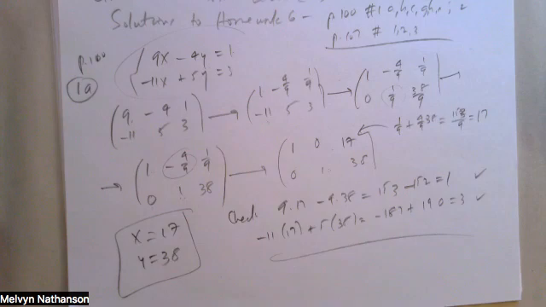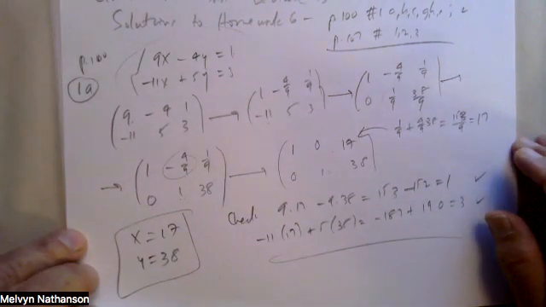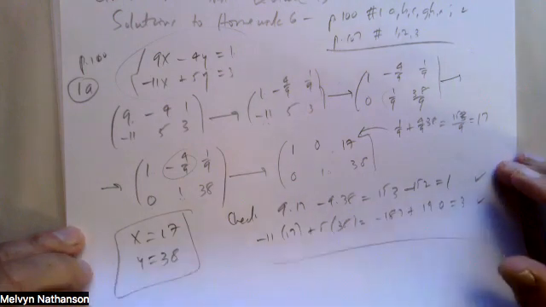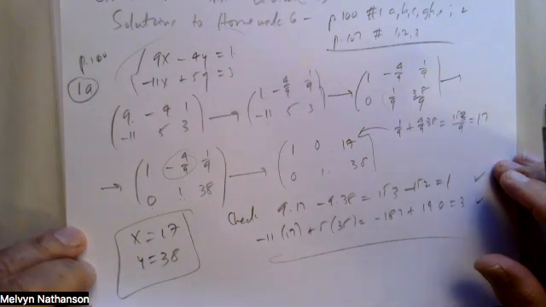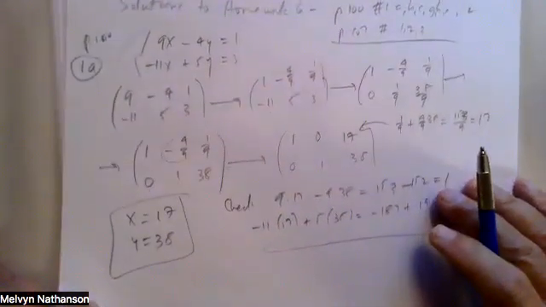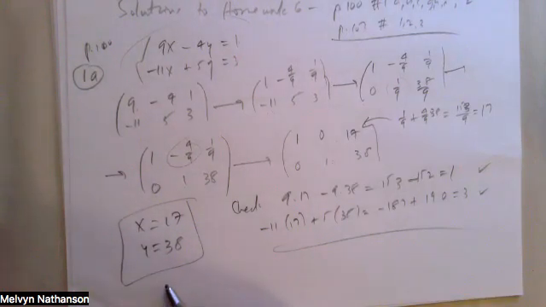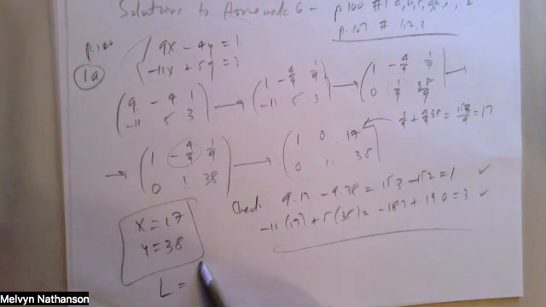The next part is another set of two equations and two unknowns. They do part C, which is harder, or at least looks more complicated. Oh, sorry, the last part is to write the set of solutions as an affine subspace. Say L is the set of solutions.